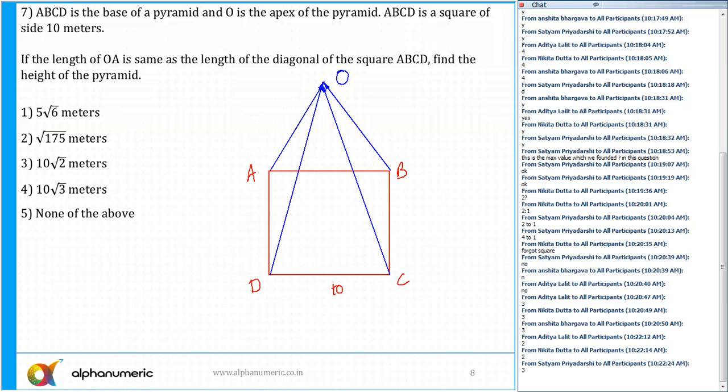So the length of OA is equal to root 10. Find the height of the pyramid. We all know how to find the height of the pyramid. So I'll drop a height from here to here. Yes or no? And I can join it from here. And this angle, we all know, is going to be 90 degrees. Let me mark this as P.